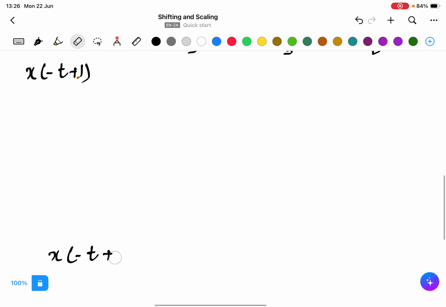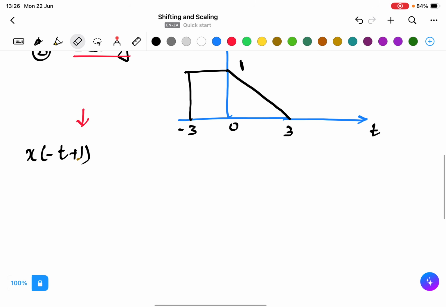Again, we are going to consider this minus sign as a scaling factor. We are not going to consider it as a negative sign, we are going to consider it as a scaling factor because it's getting multiplied with t.